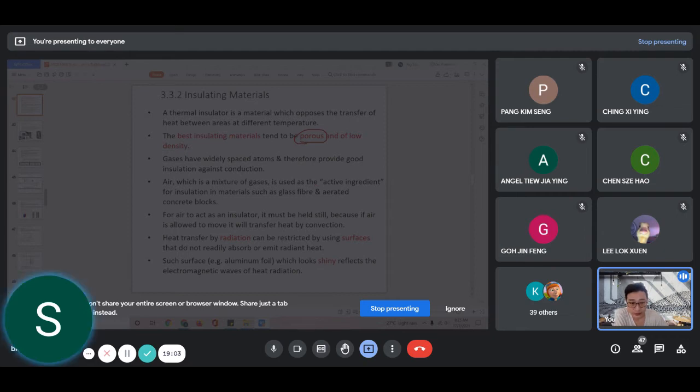Okay, so then we have radiation, heat transfer by radiation. If it cannot readily absorb or emit heat, for this you want a surface that is darker in color, because as we know in lighting, darker surfaces tend to absorb, and surfaces that are bright or shiny will reflect away the heat.